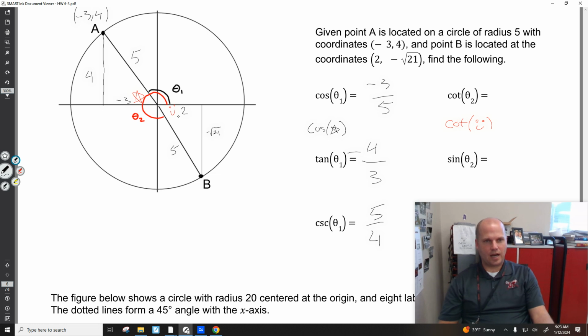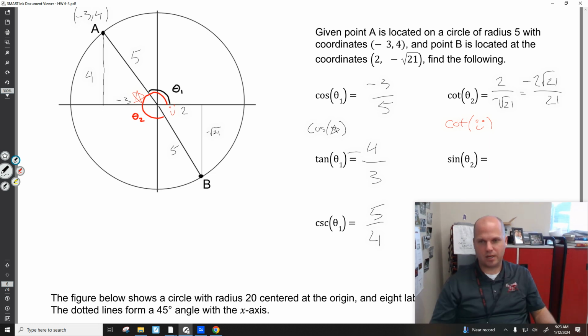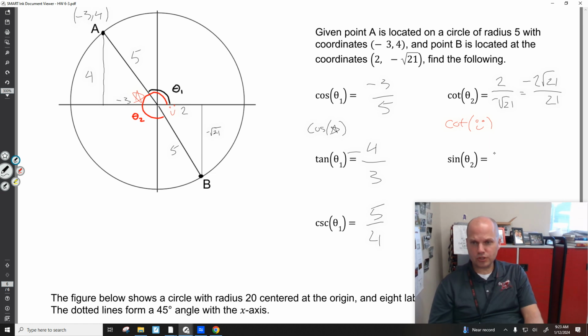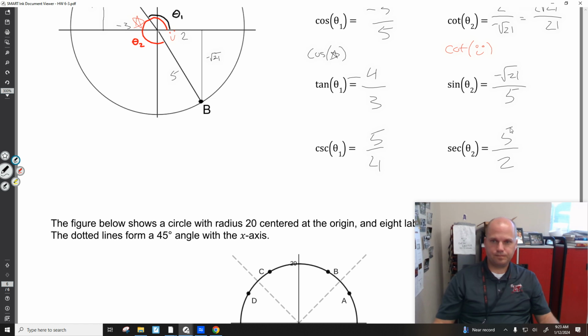Cotangent is adjacent over opposite. So it's 2 over negative root 21, which I'm going to rationalize. Negative 2 root 21 over 21. Multiply the top and bottom by root 21. Sine, opposite over hypotenuse. Secant, reciprocal of cosine. Cosine is adjacent over hypotenuse. Secant is going to be hypotenuse over adjacent.